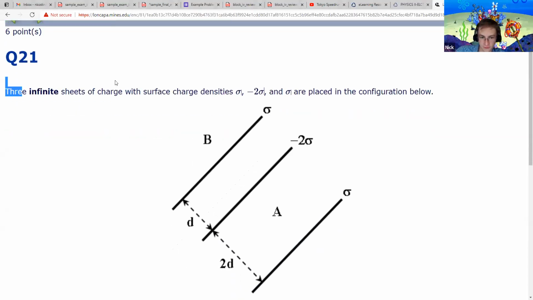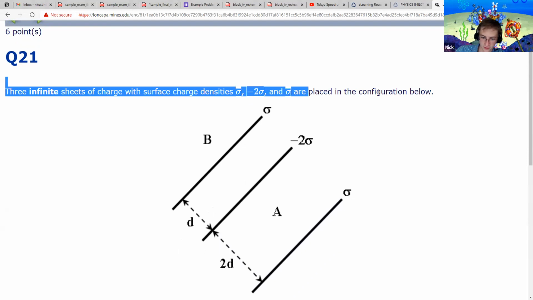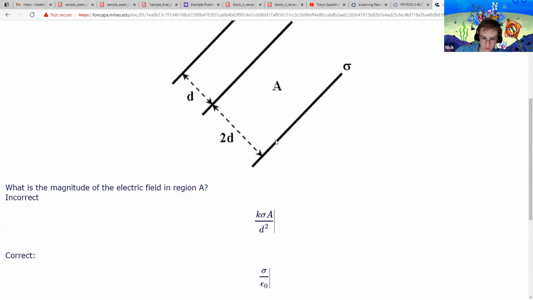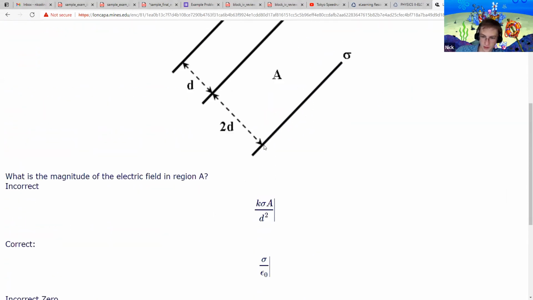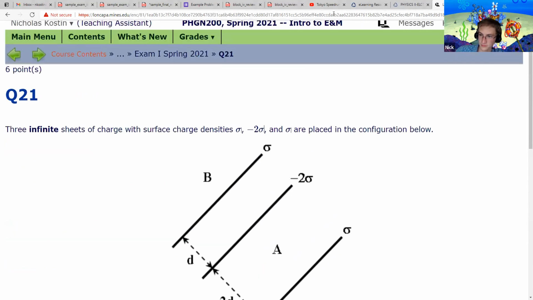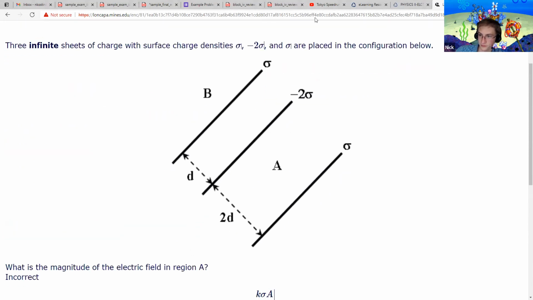So we have 3 infinite sheets of charge with charge densities sigma, -2 sigma, and sigma placed in the configuration below. What is the magnitude of the electric field in region A? So in that region right there.